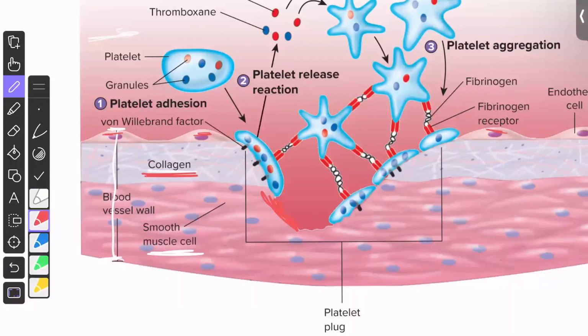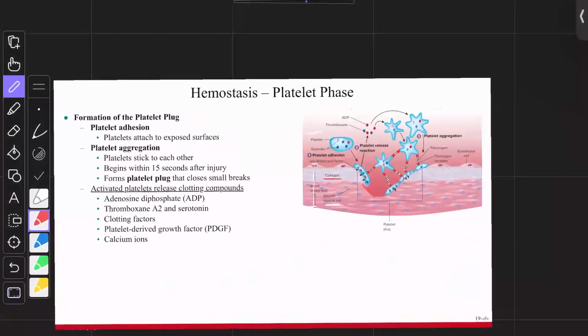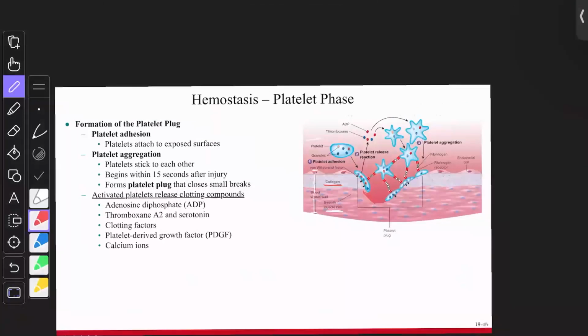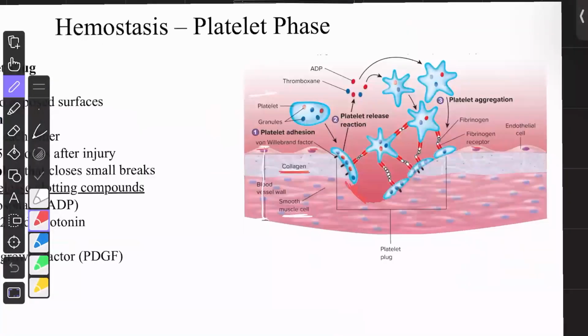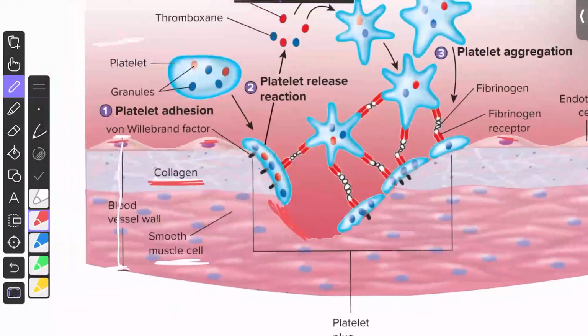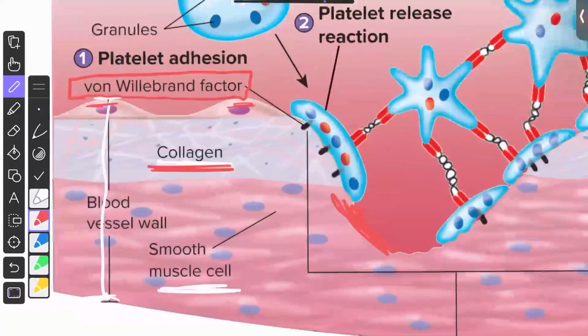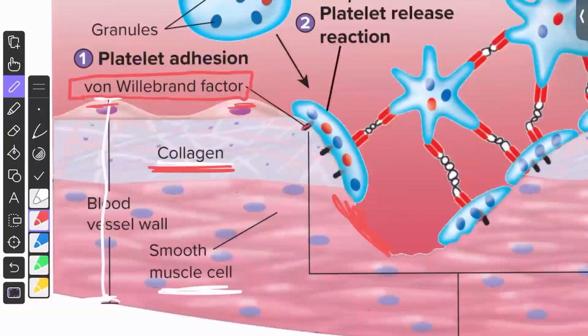And on top of that, we have these little guys, the von Willebrand factors. You see them here. They're these little black, they look almost like little stitches. Think of them like Velcro. When I say sticky, that's what I mean, right? It makes it so that I can attach things.